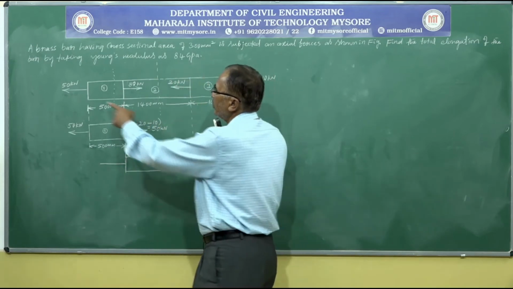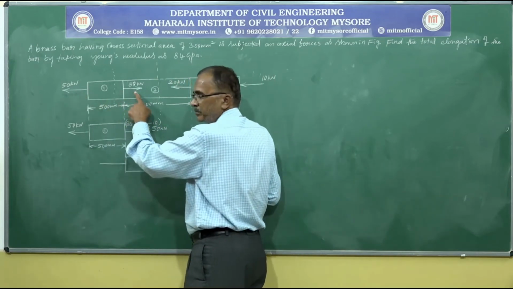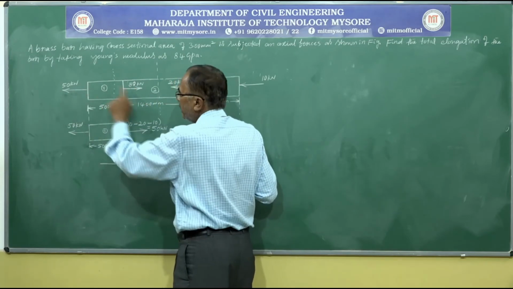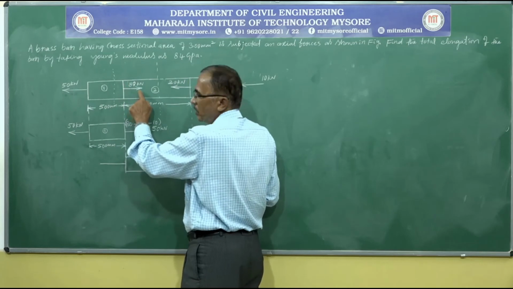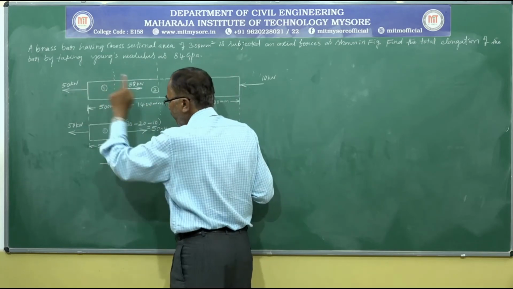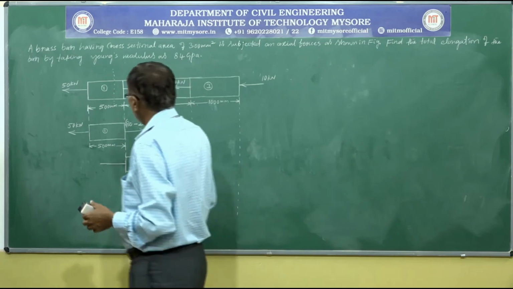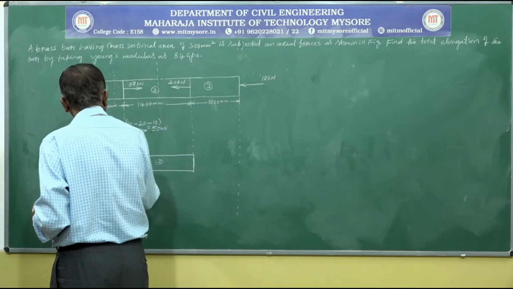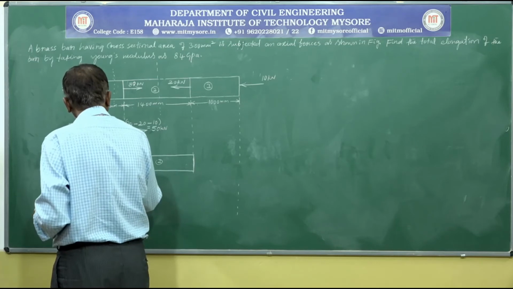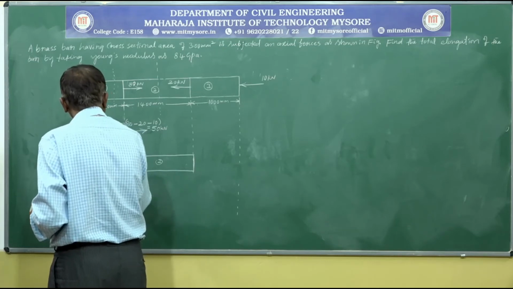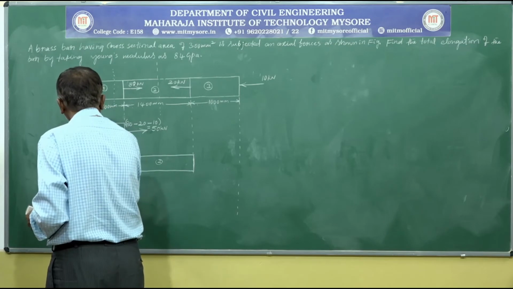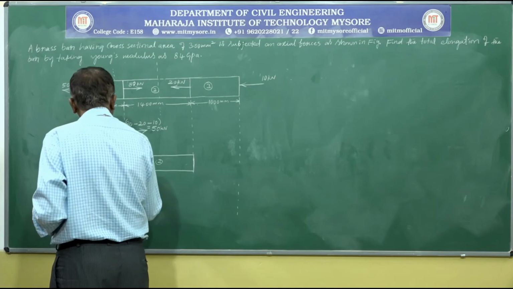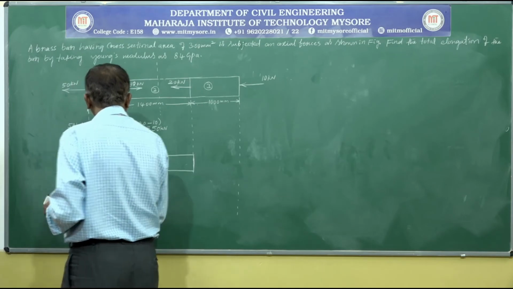You have to remember that 80 is the higher load. 80 minus 50 is equal to 30 kilonewton, and that remainder load acts in the rightward direction. So we have to consider the direction now. This is 30 kilonewton.